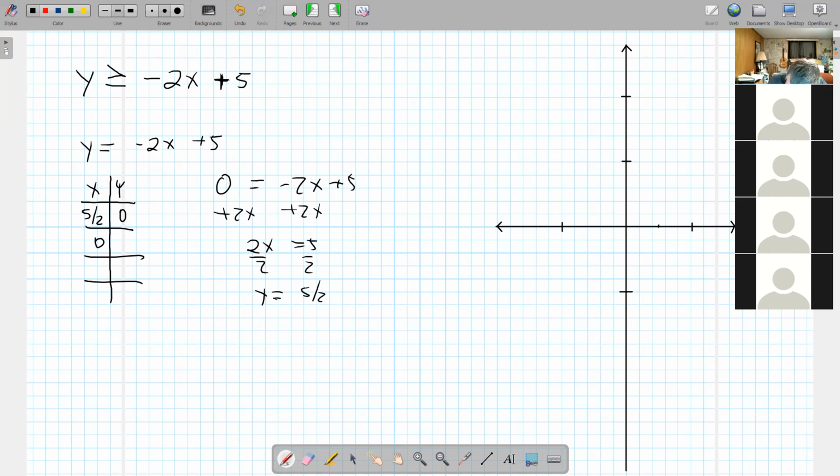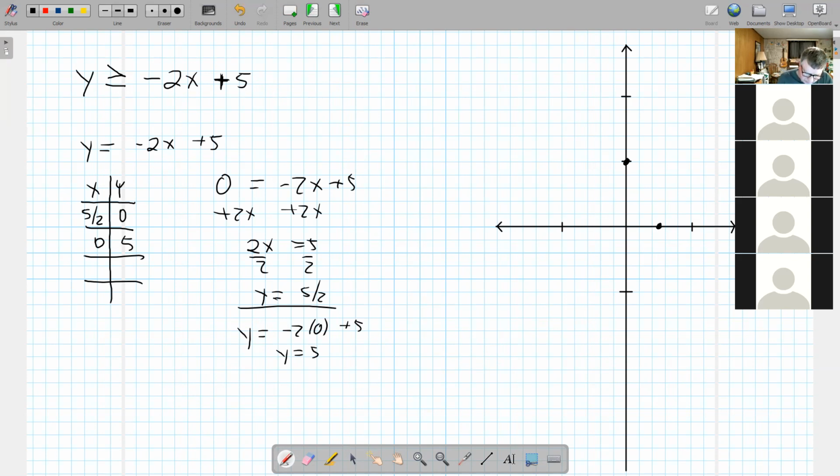So we're talking 5 halves comma 0 is right about there. Okay. Any questions there? All right. Let's take x is 0 and find y. So y equals negative 2 times 0 plus 5. Y equals 5. So there's our y-intercept.